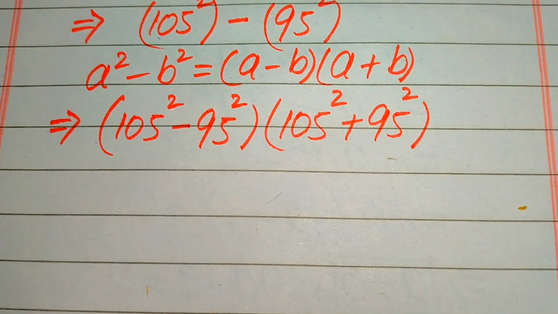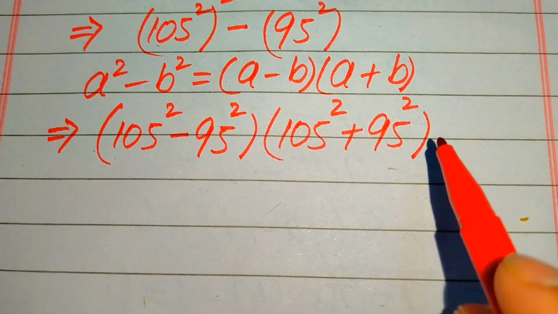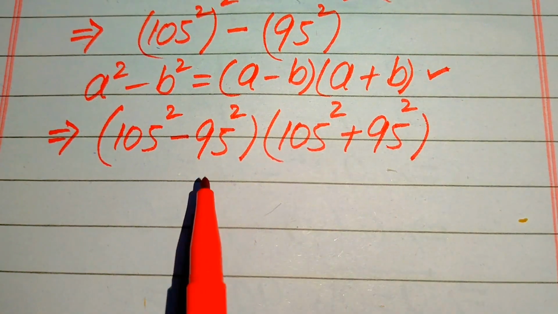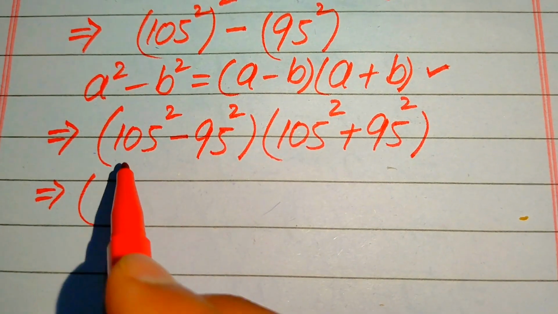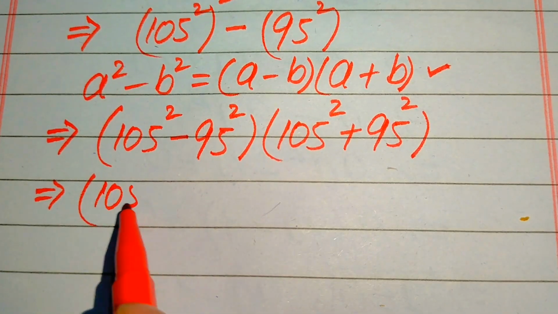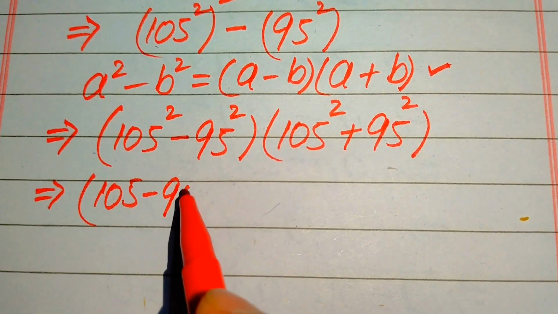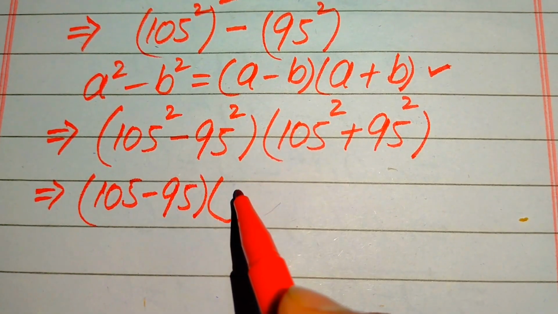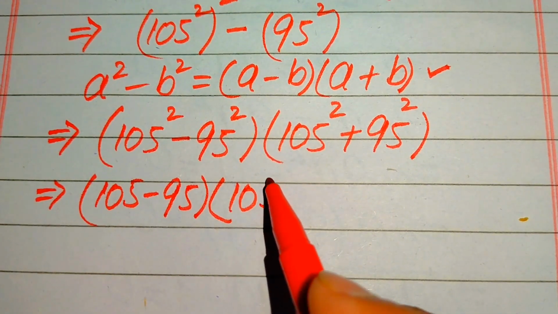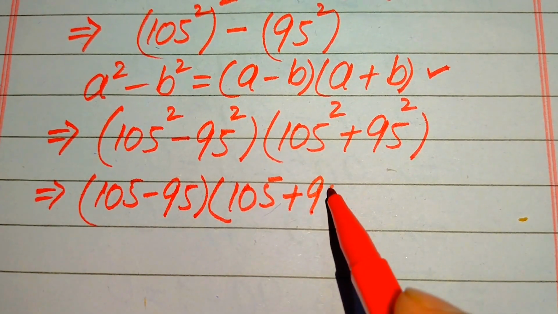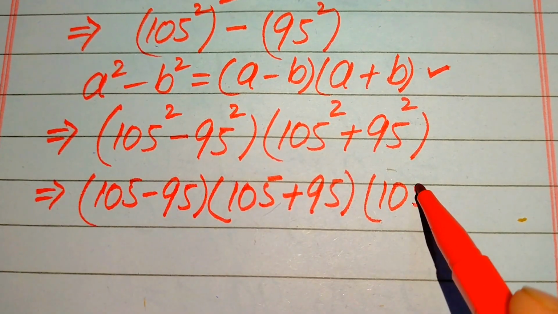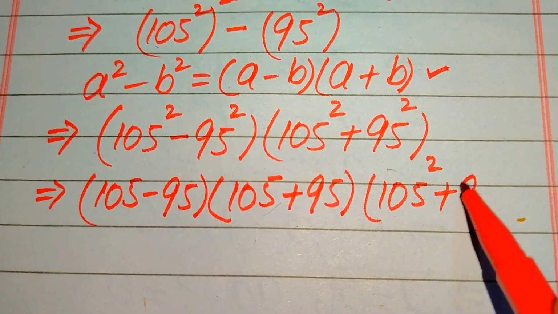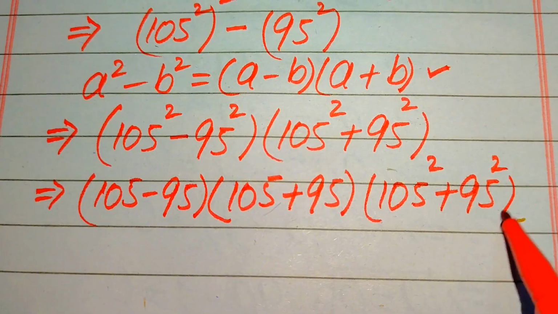Further in the next step, we again use this nice formula on the first factor, so that our first factor is rewritten in this form. This becomes 105 minus 95, into the second factor 105 plus 95, into 105 square plus 95 square.